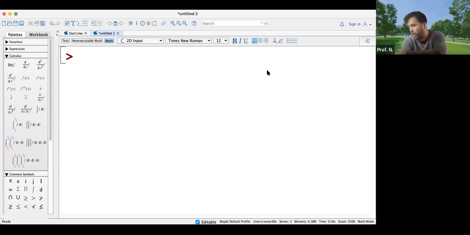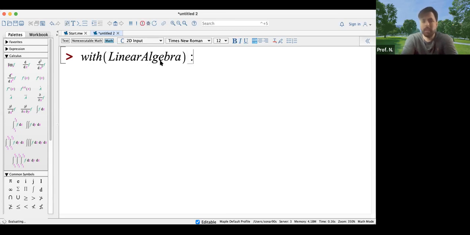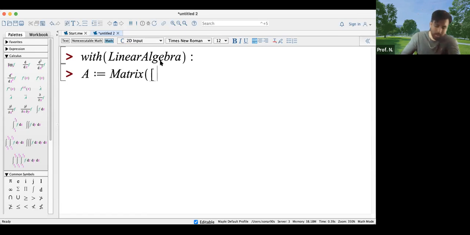In any regard, when you download it, you can actually use something called linear algebra. So you're downloading basically the linear algebra package, and then I'm gonna set the matrix to be, so here they deal with rows. So the first row will be, let's see how to do this.